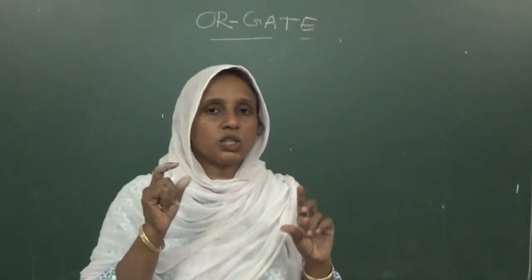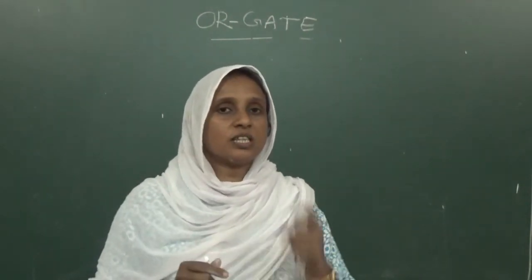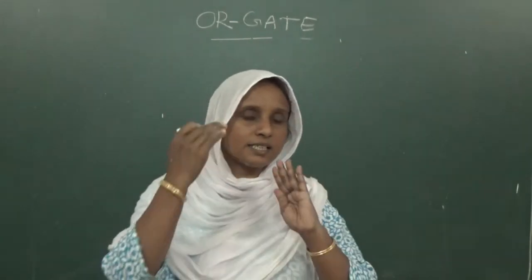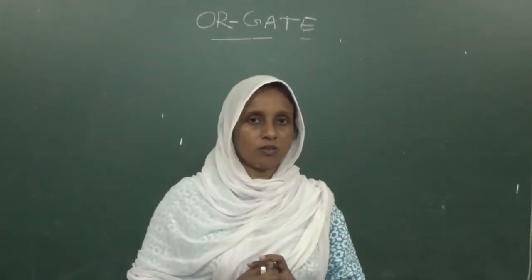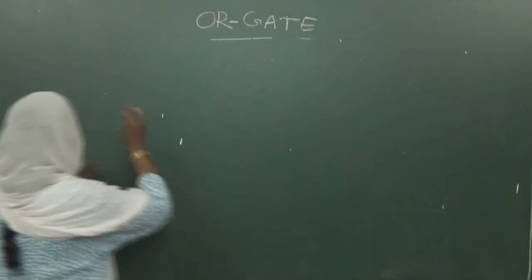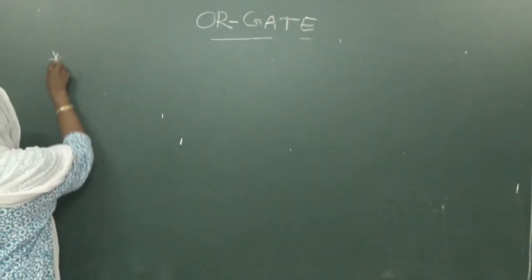Now we can draw the OR gate with 3 inputs and its truth table. Okay, so try to draw that.